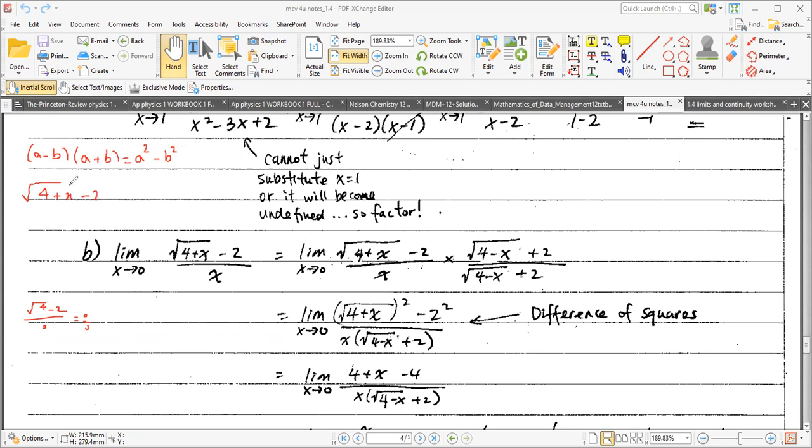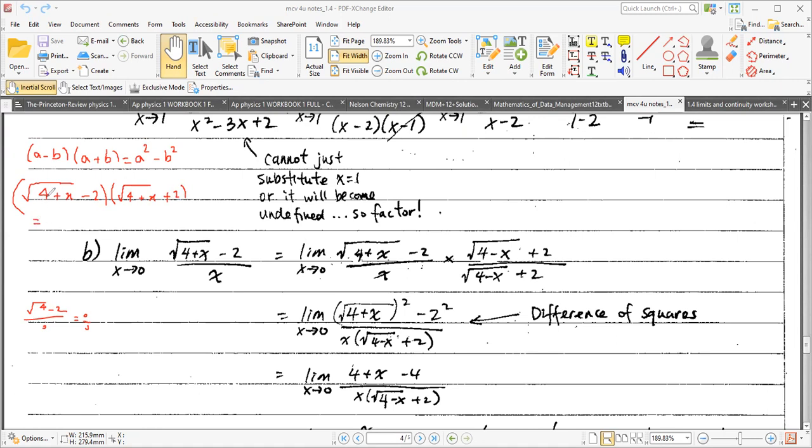I want to get rid of this root. What I should multiply it by: this is a minus b, here is a, here is b. So I multiply by the addition of that, the square root of (4 + x) plus 2. Then if you do that, what do you get?